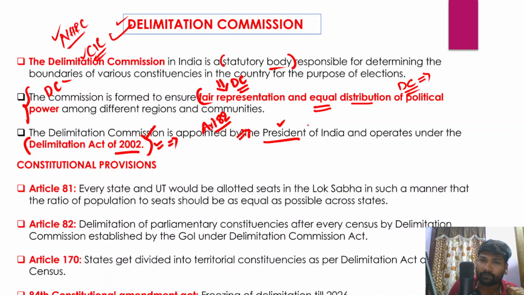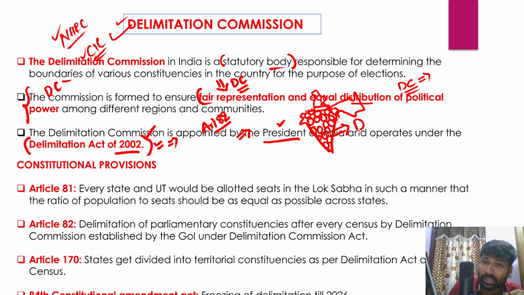For example, within India itself, we have a number of constituencies, right? These constituencies are based on equal population and fair representation. So the responsibility of dividing the territory into this many constituencies has been given to whom?